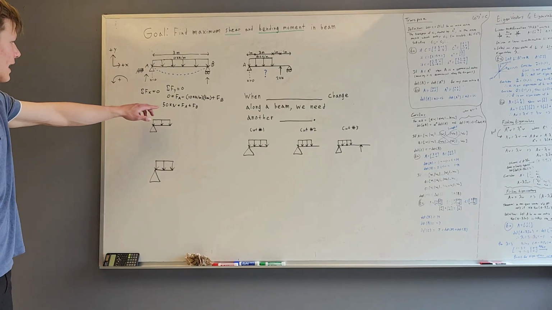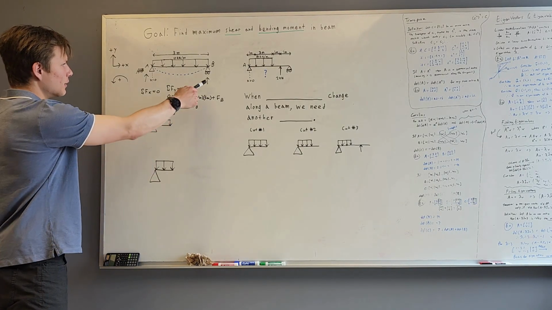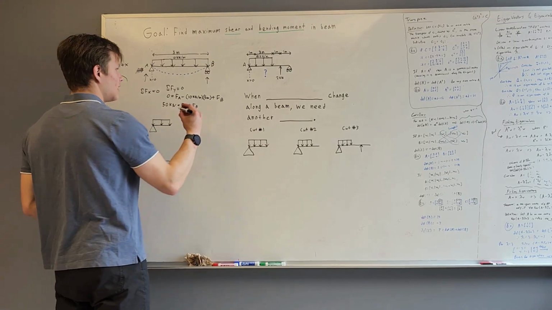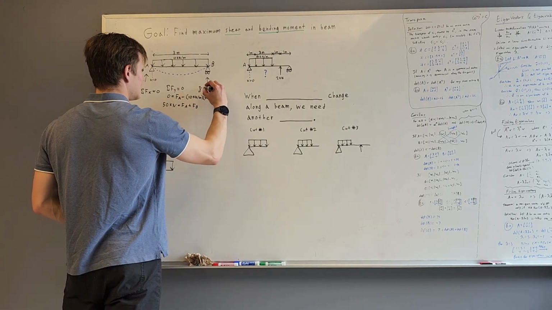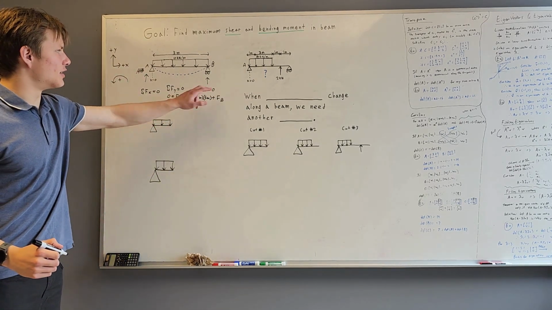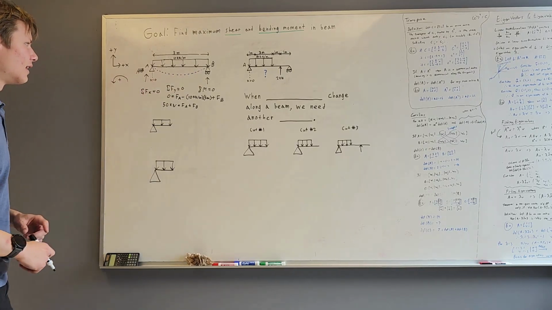And so there we go. We have one equation with our two unknown support reactions. And we could go ahead and use the sum of the moments equals 0. This would be our second equation, which could let us solve for either of these two forces.